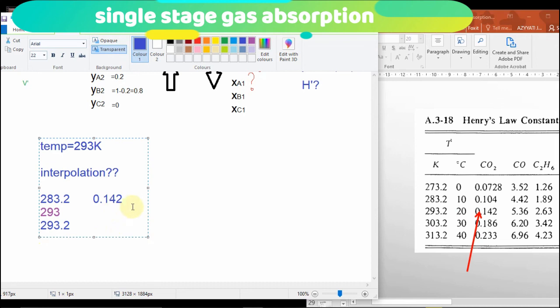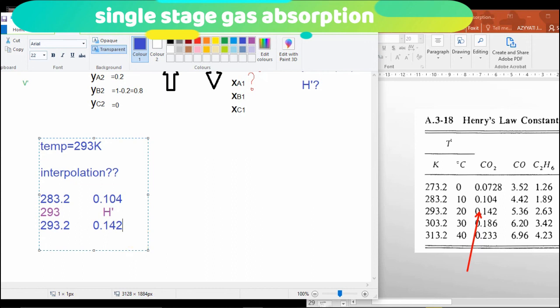The H value for 293 is the unknown, H prime. So how do we do the interpolation to get the value of H at 293 K?